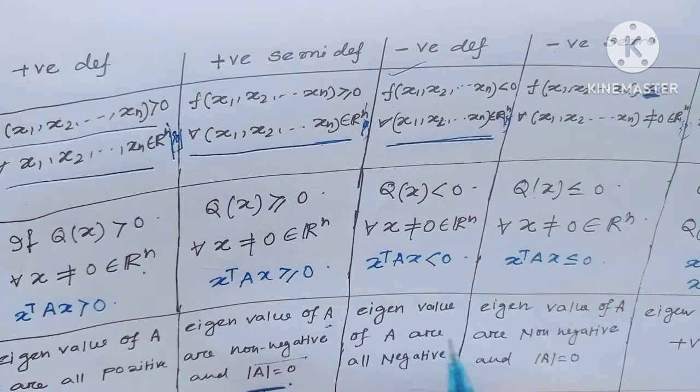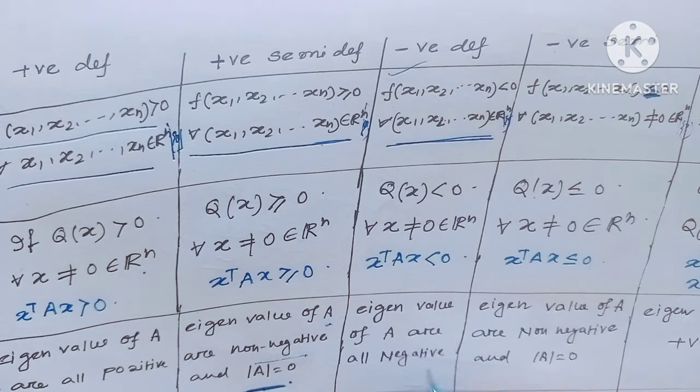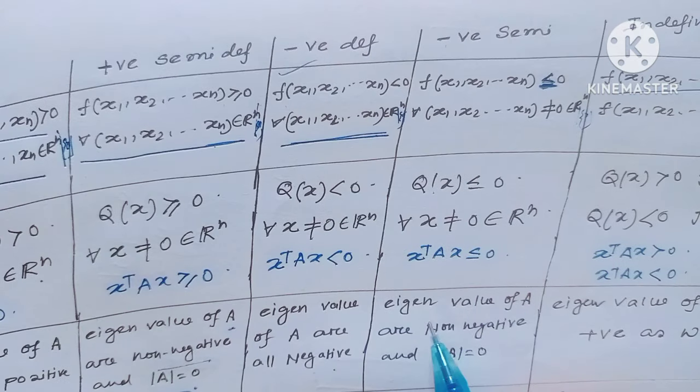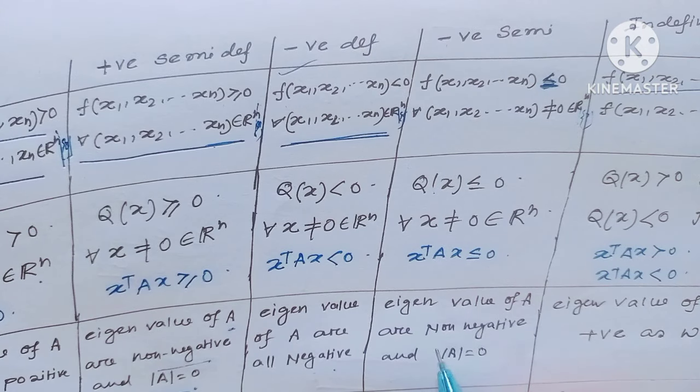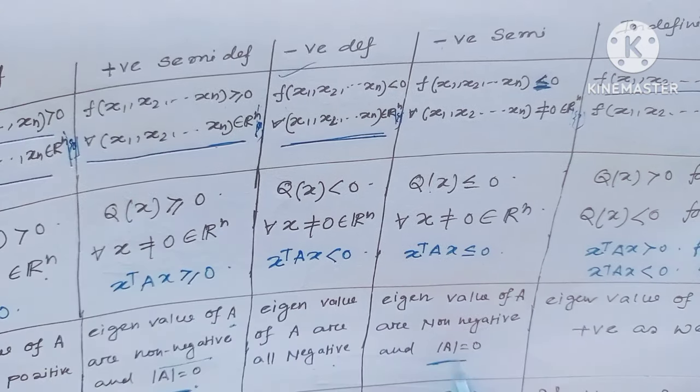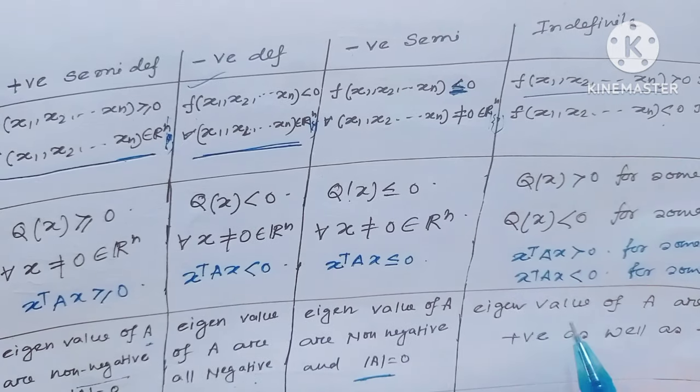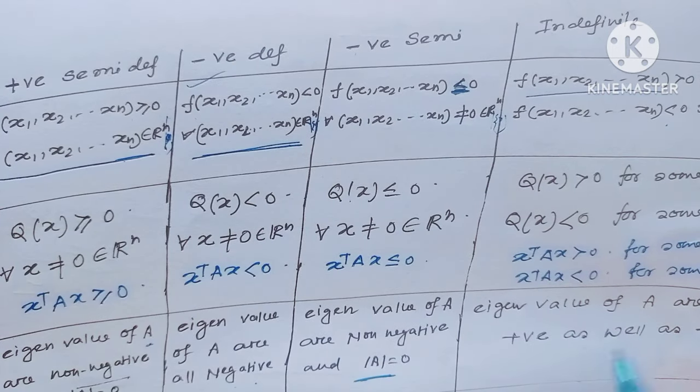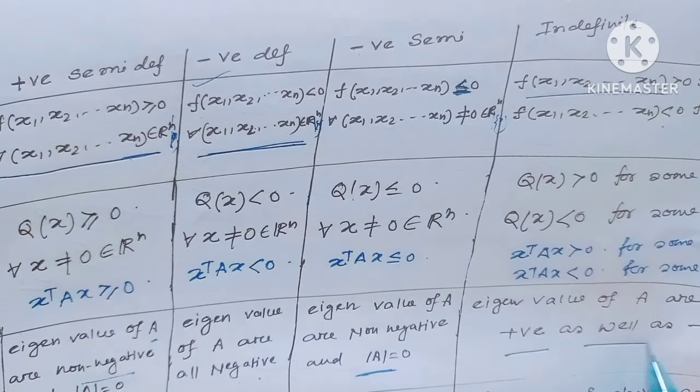For negative definite, the eigenvalues of A are negative. For negative semi-definite, the eigenvalues of A are non-positive and the determinant of A is equal to 0. And for indefinite, the eigenvalues of A are positive as well as negative.